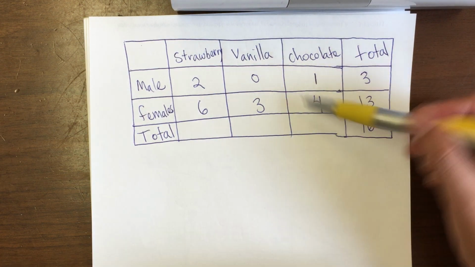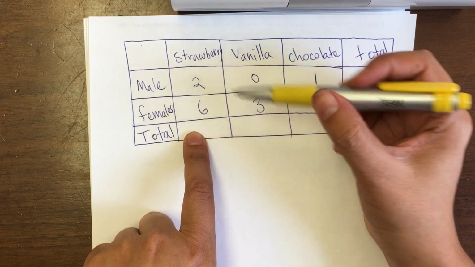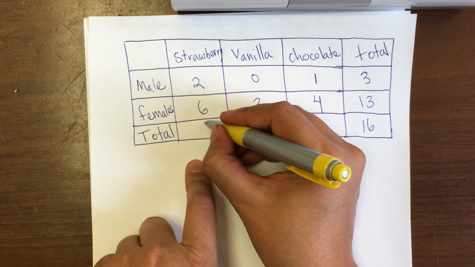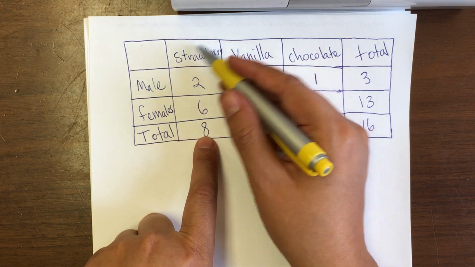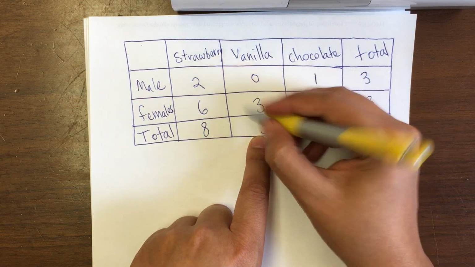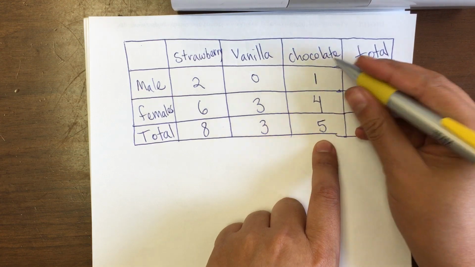So now I can see the total of students that like strawberry. So if I add the 6 plus the 2, that's a total of 8 students, including both females and males, that like strawberry, 3 that like vanilla, and 5 that like chocolate.